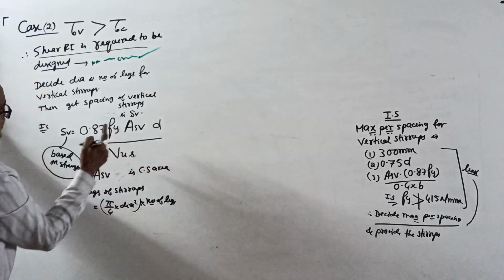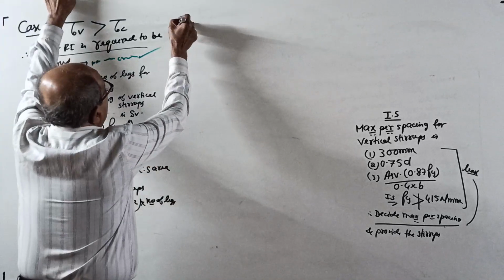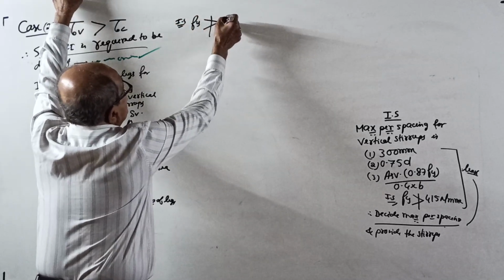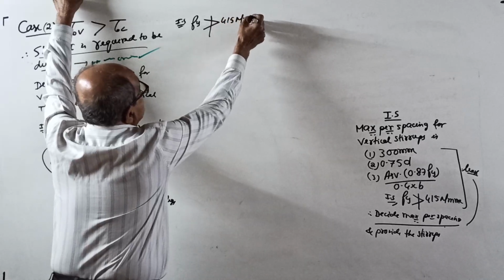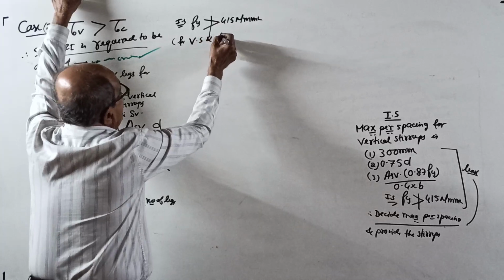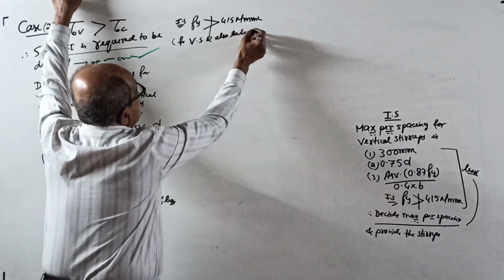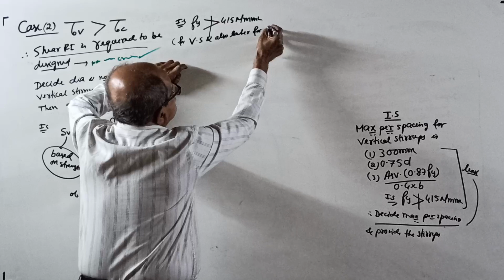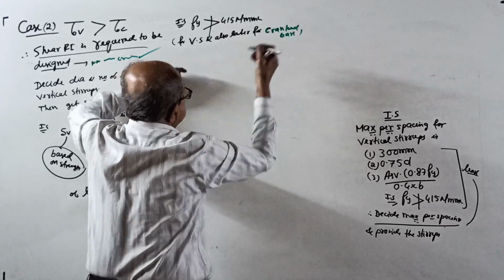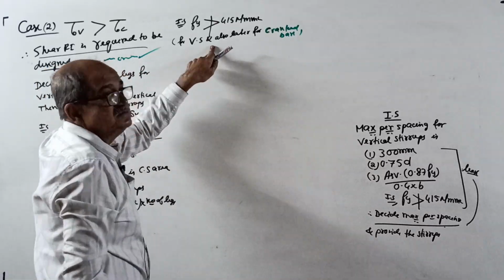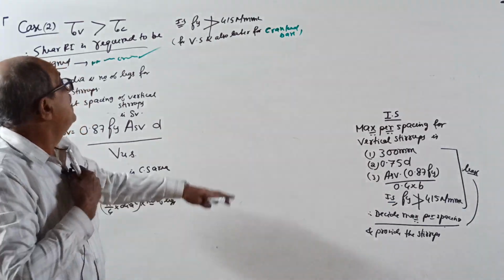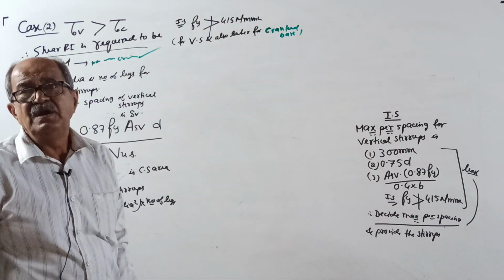Then, as per IS code, Fy should not be taken more than 415 Newton per mm square, for vertical stirrups and also later for cranked bars. Make a note: if Fy is within 415, take whatever is Fy, but in case Fy is more than 415, take only 415.